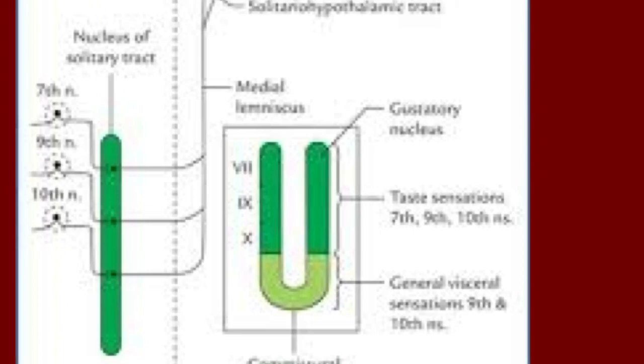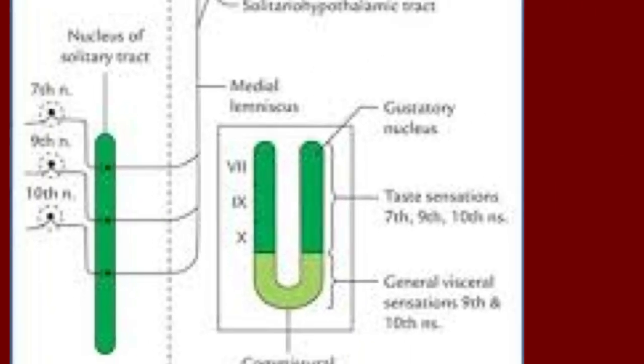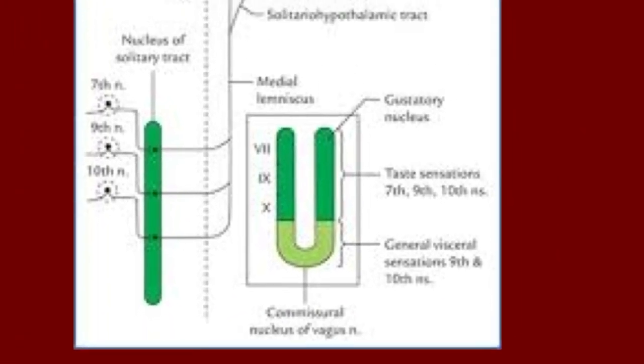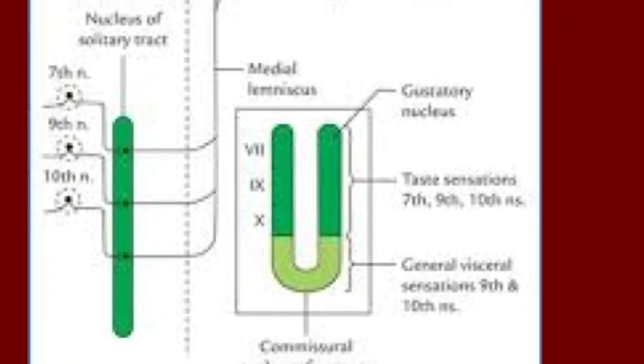So you see what is marked as green, they are the solitary tracts on either side, and then you see these two tracts are actually joined in the middle, in the lower part, by the commissural nucleus, not fiber, commissural nucleus of vagus. And this nucleus of solitary tract, the upper or rostral part, is termed the gustatory nucleus. Fine.